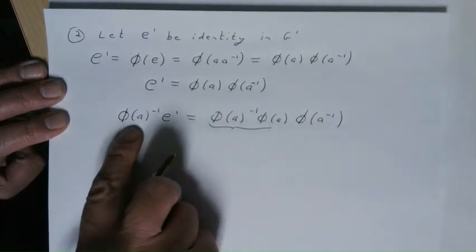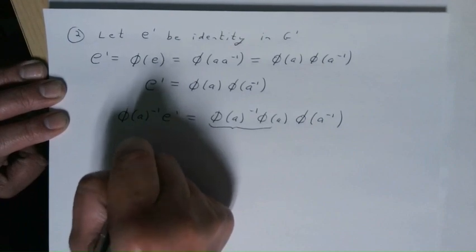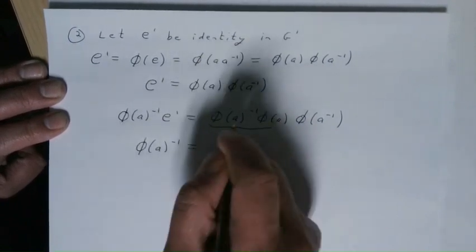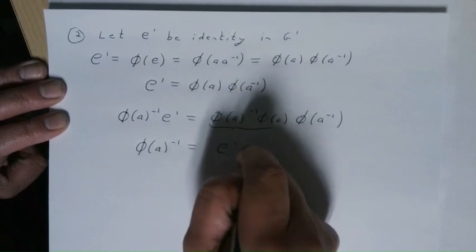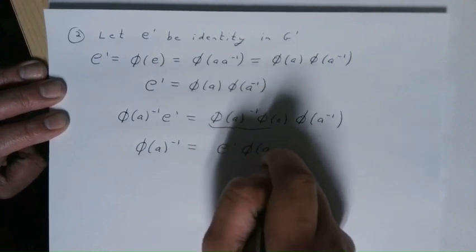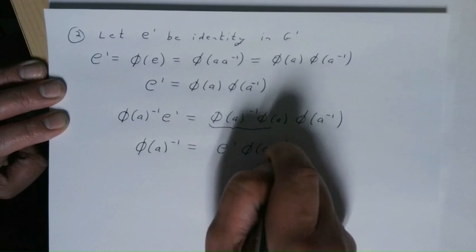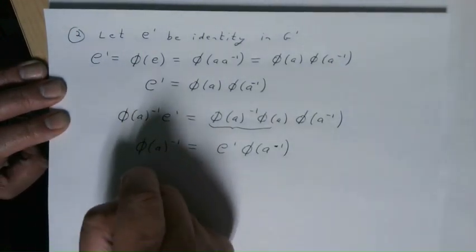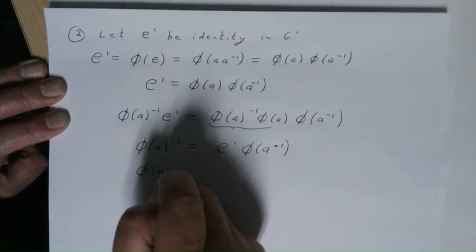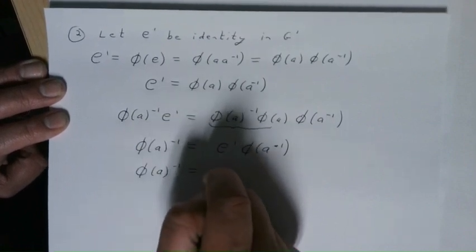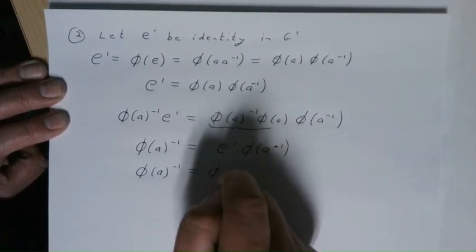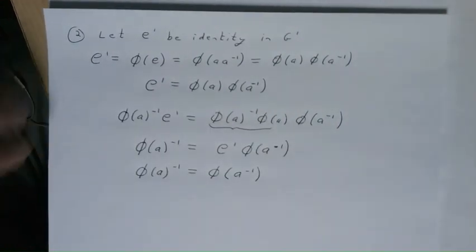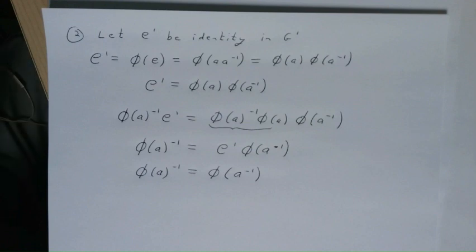And of course, this times this is going to give us phi A inverse. This is going to be the identity. And so we're going to have phi A inverse. And the identity times this is going to give us phi of A inverse like that, which is what we were trying to prove.